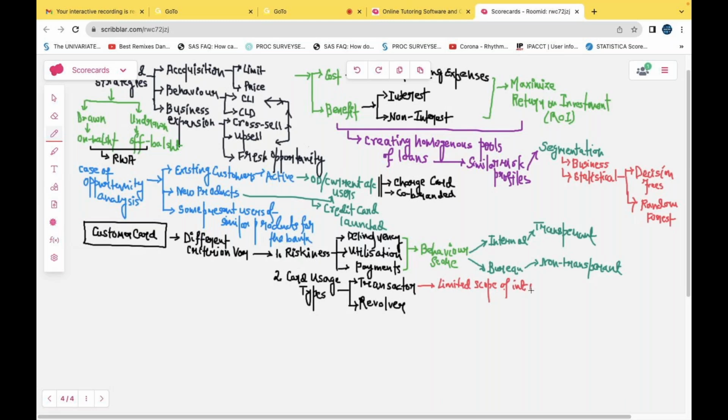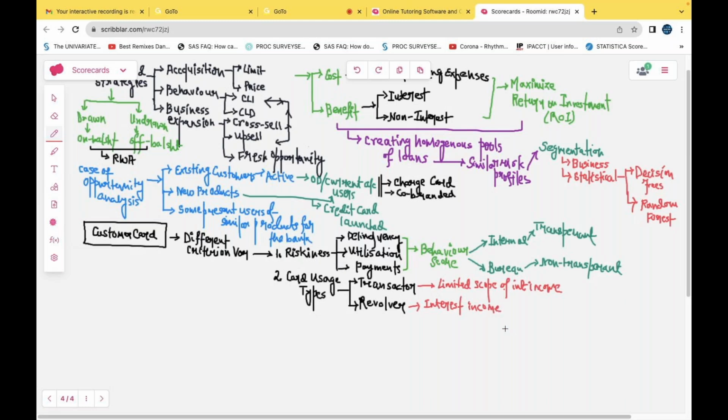Now, along with this, these are some internal variables that I'm talking about. There can also be external variables or the bureau variables. Now, with the revolver, the scope of interest income is very high. Interest income is high.